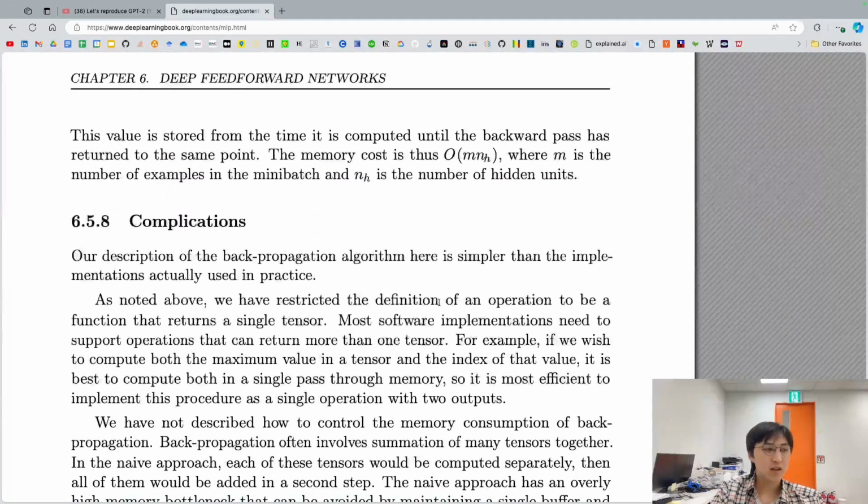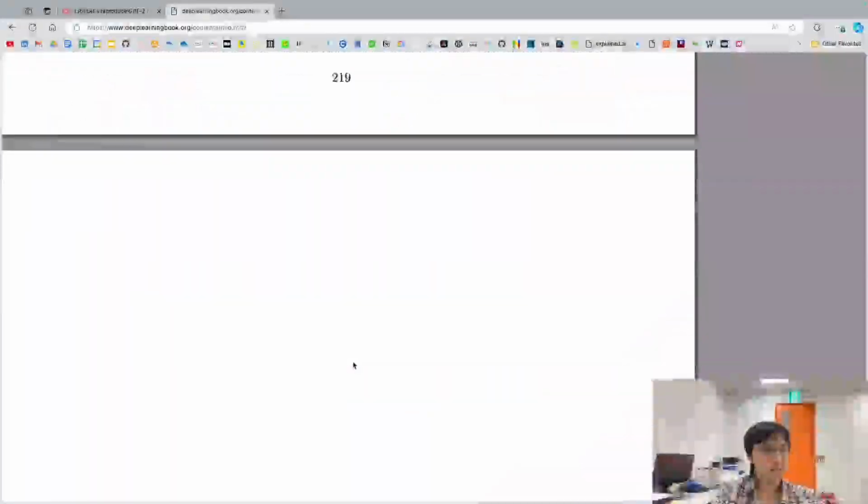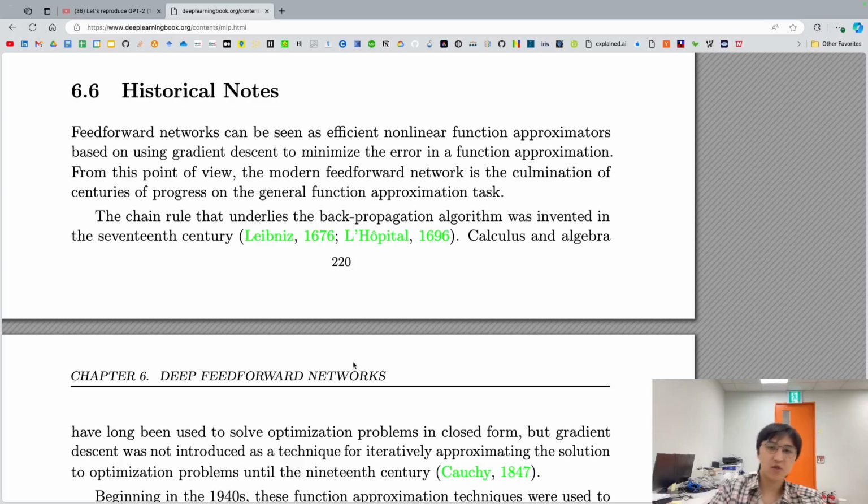But still there might be new ways of calculating the gradient. That's about backpropagation in brief, and let's talk about historical notes.